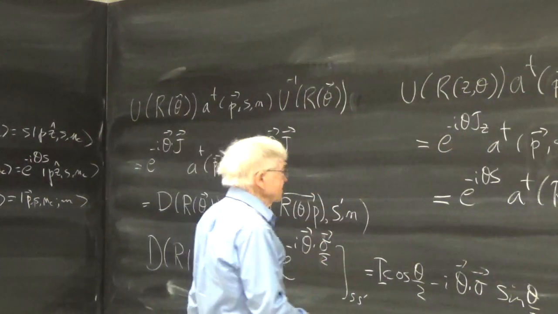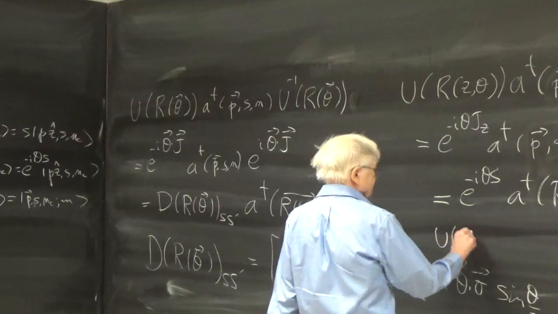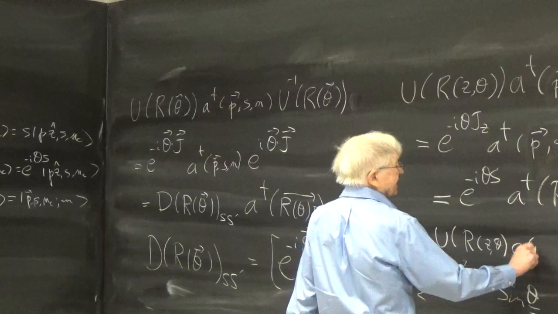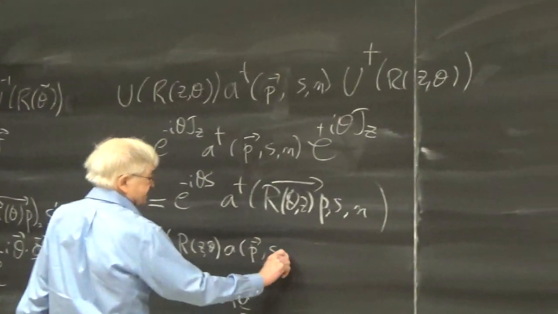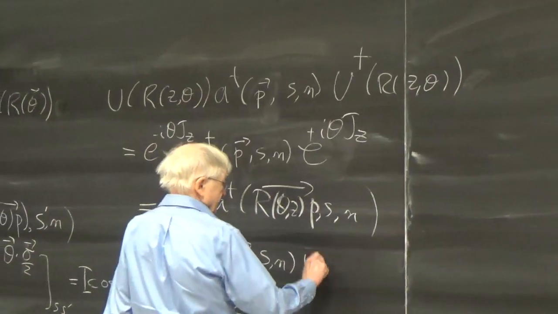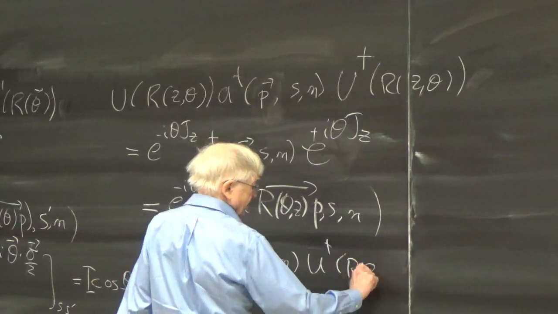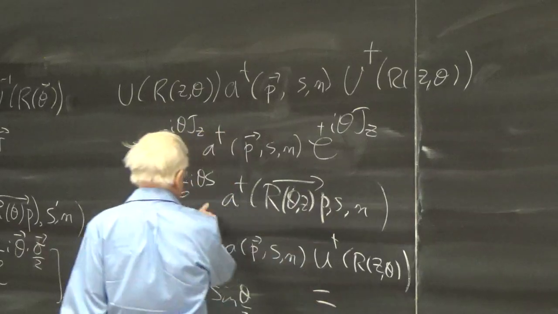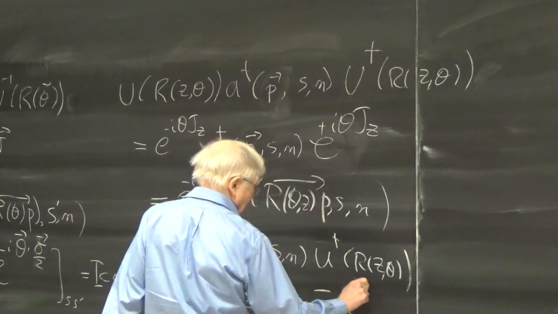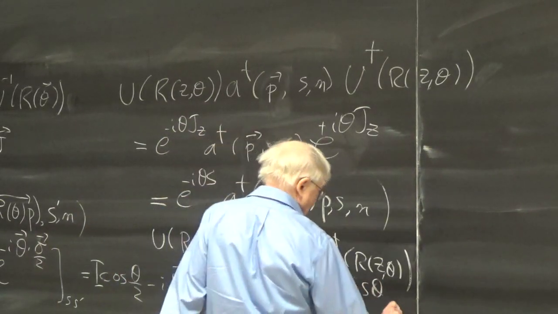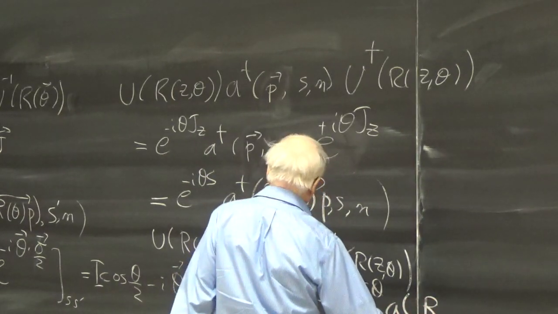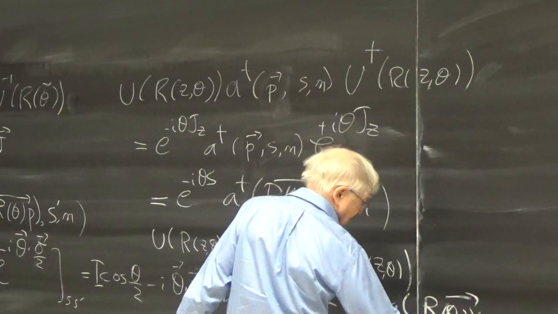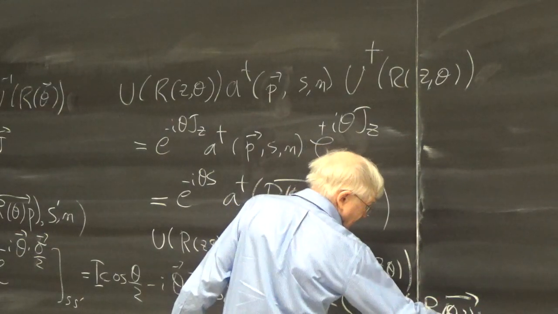Let's take the adjoint of this equation. So that gives us U of R_z theta, a of p vector s n, U adjoint of R of z and theta. And what we see then is that that is e to the i s theta, a of R of theta z on p s n.